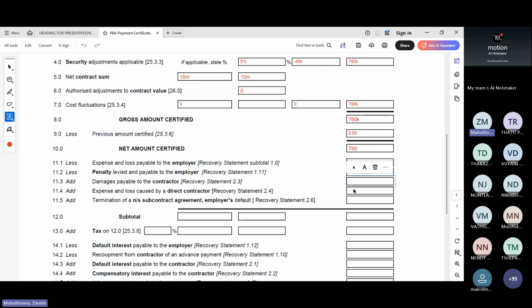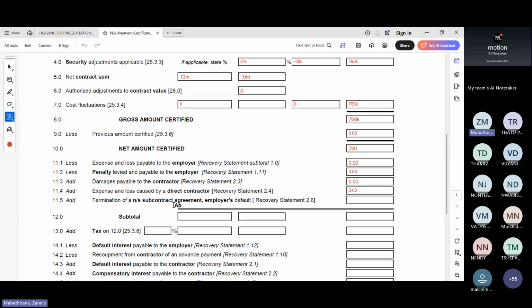He did work, we paid him for it, and then somebody made a mess of the work, and now we have to pay him. This is the first certificate. Nothing like that has happened. Any expense or loss suffered or caused by a direct contractor. So let's say the direct contractor delayed or did something, and then the contractor suffered a loss or an expense. Again, we pay there. This would also be reflected in detail on the recovery statement.